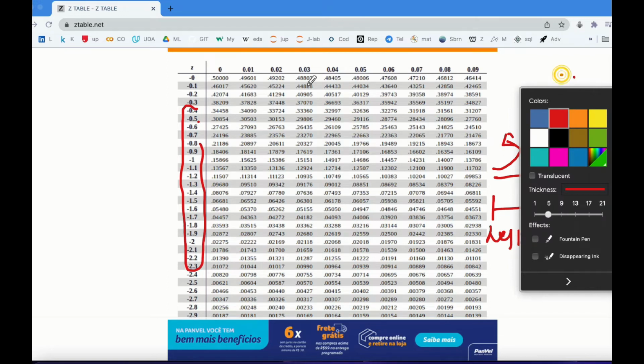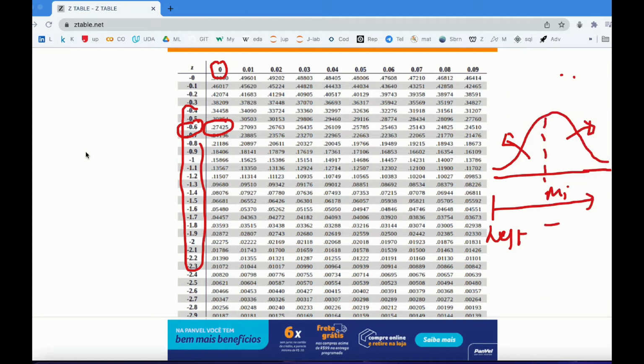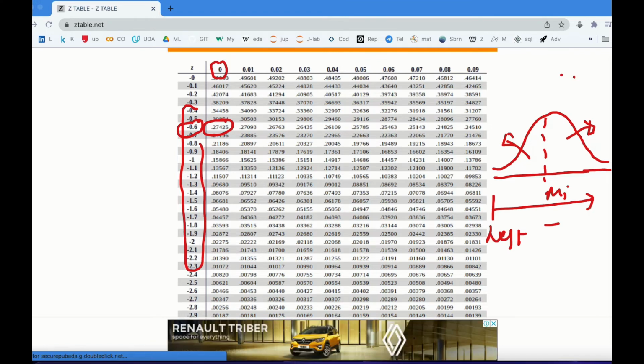We will see this is minus 0.6 and this is 0, so this will be 0.2743. Also, we will see the area in case we have made a mistake, so we take the positive value also, and there will not be any difference, because if your concepts are clear, it will not make any difference. I will show you.